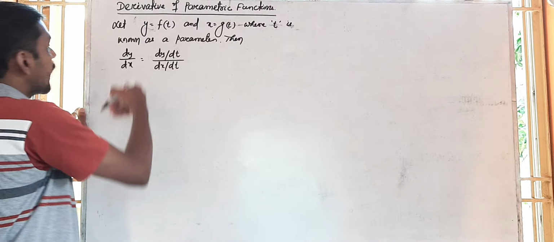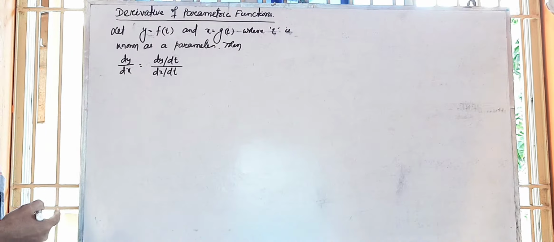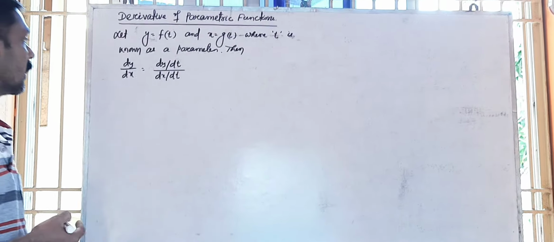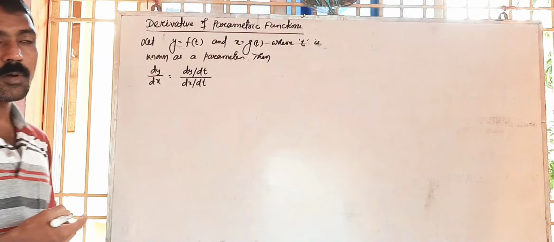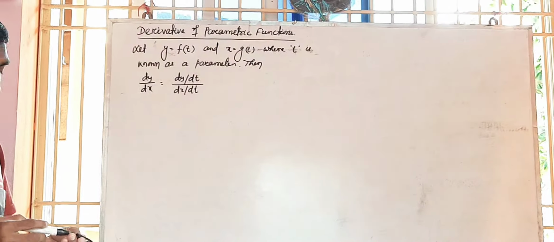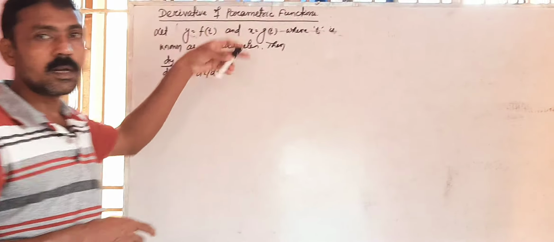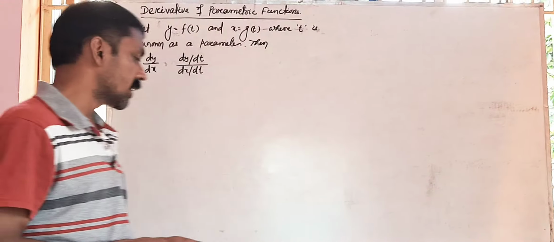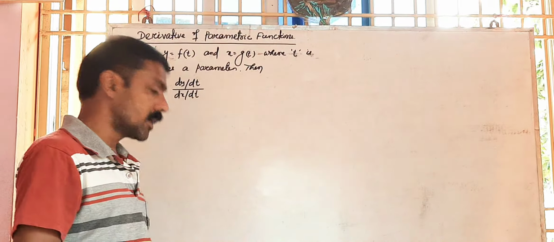Now you see dy by dt by dx by dt, so dt will be cancelled. This is called the rule to find the derivative of a parametric function. Means you have to find the derivative of both x and y with respect to the given variable and divide to get dy by dx.